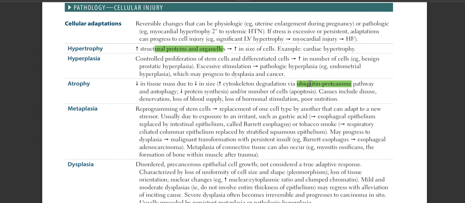Now, how do you reduce the number of cells? There are two ways.